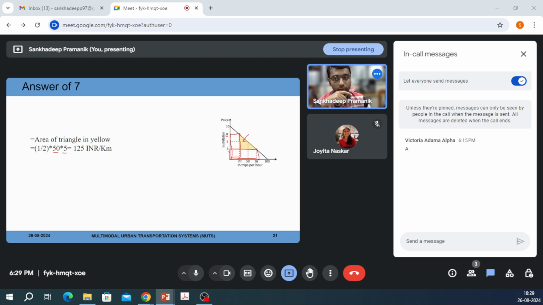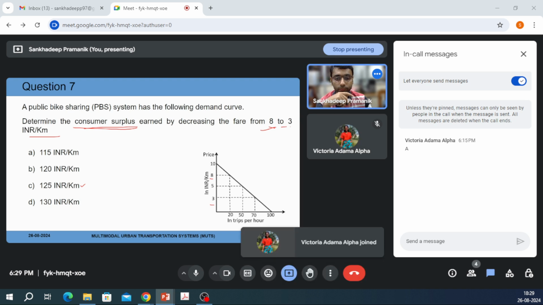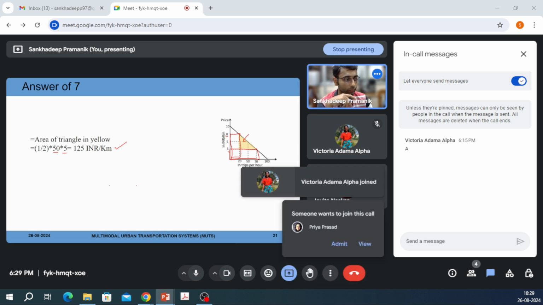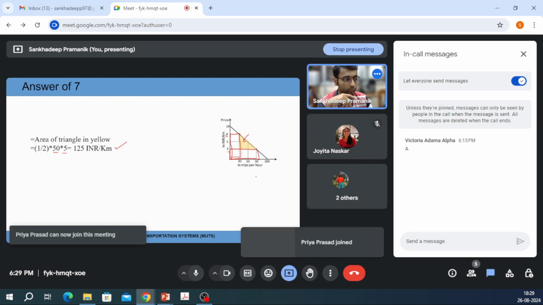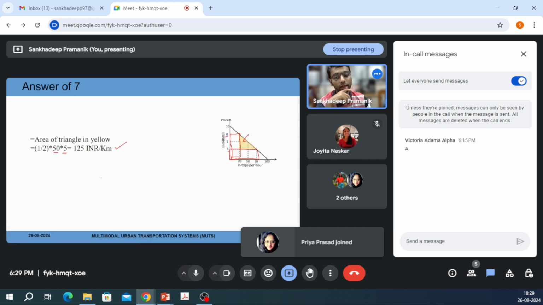So total, if you multiply this, 125 will be the correct answer. So in this question, 125 will be the correct answer.